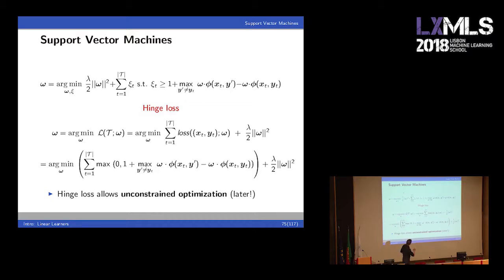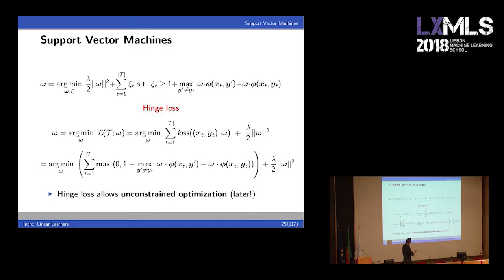So our loss function, our unconstrained optimization loss, is now the minimum of a loss plus a regularization term, where the loss, it's called the hinge loss, is exactly how we replaced the xi term, namely the maximum of 0 and this term here.